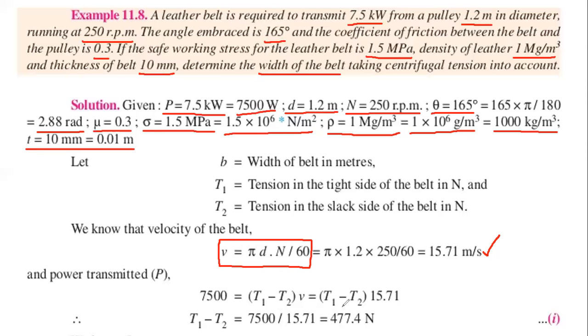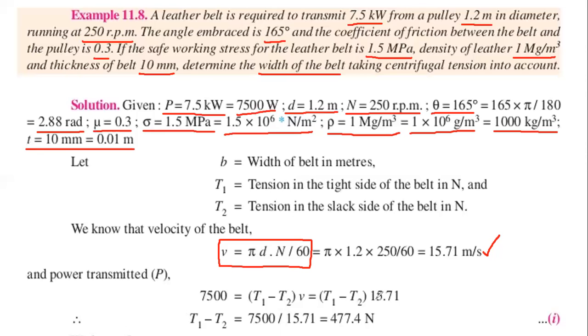Then we have to find the power transmitted. So the power is equal to (T1 minus T2) into V. We already know the velocity, that is 15.71 meters per second, and we also know the power, which is given in the question as 7,500 watts.